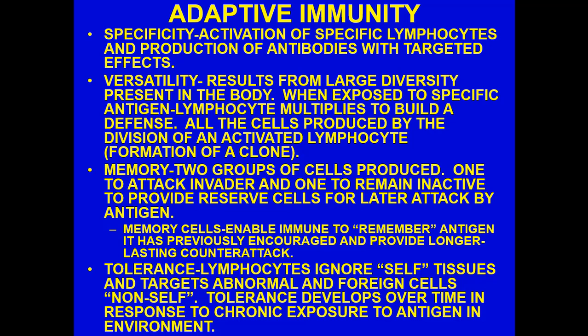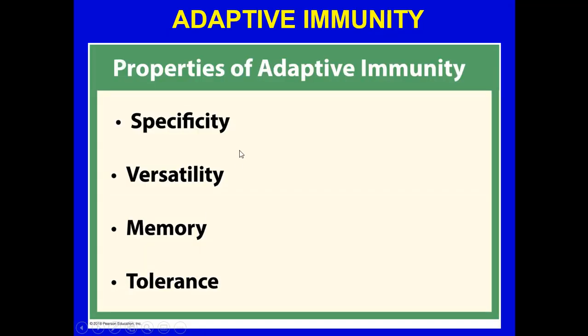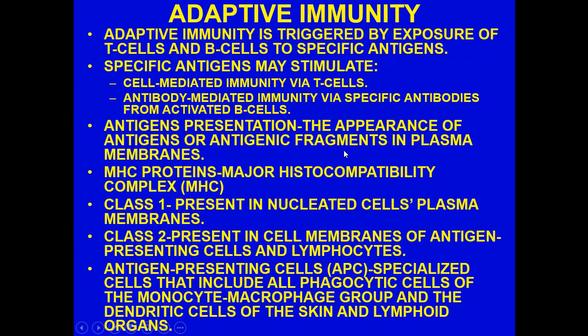Such as cat fur, ragweed, dog fur, horse hairs, or a number of other allergens. So, properties of adaptive immunity: specificity, versatility, memory, tolerance.